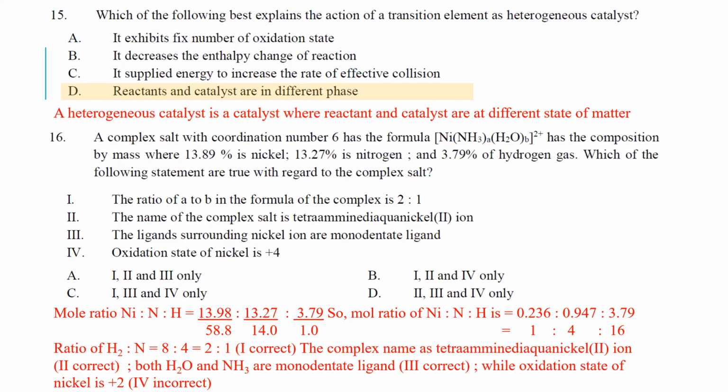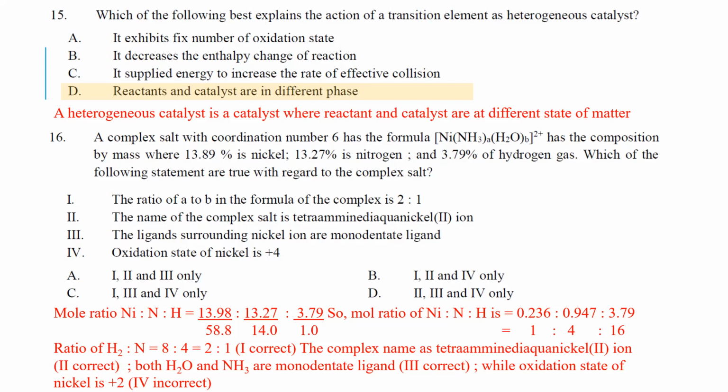Once you divide, 0.236 divided by 0.236, you get 1. 0.97 divided by 0.236, you get 4. And then 3.79 divided by 0.236, so you get 16. So the ratio of nickel is 1, nitrogen is 4, and hydrogen is 16.